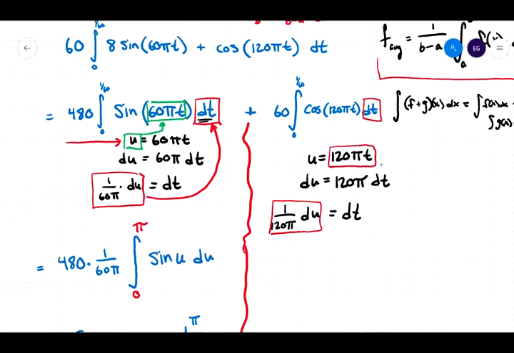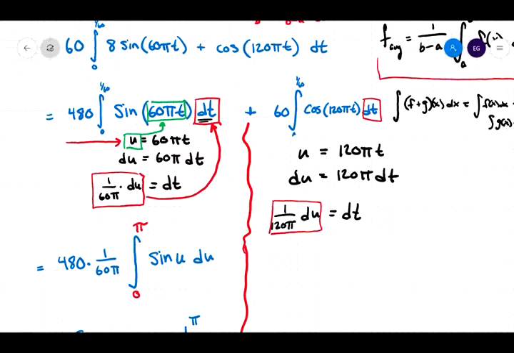Oh, that's not what I meant. Sorry about that. u is 120 pi t. du is 120 pi dt. And we will be plugging this u in for the 120 pi t. Okay, so those two things go into our integral. And let's see what we get here.